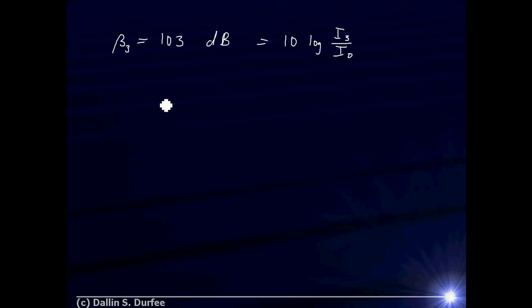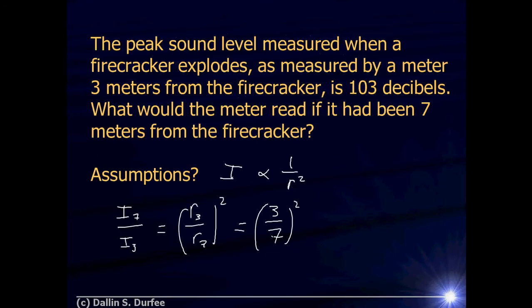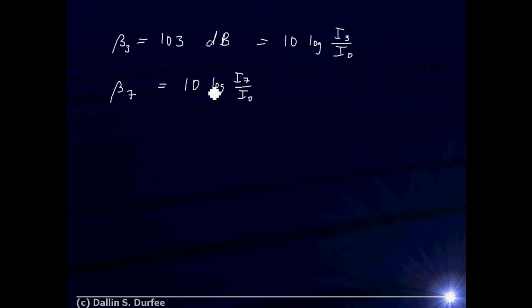We want to find beta 7 meters away, and that's equal to 10 times the log of the intensity 7 meters away divided by I naught. But what I really have is the ratio of the two. How can I turn this into a ratio?